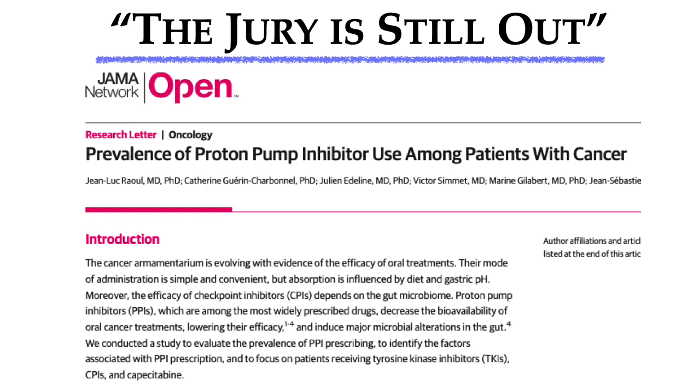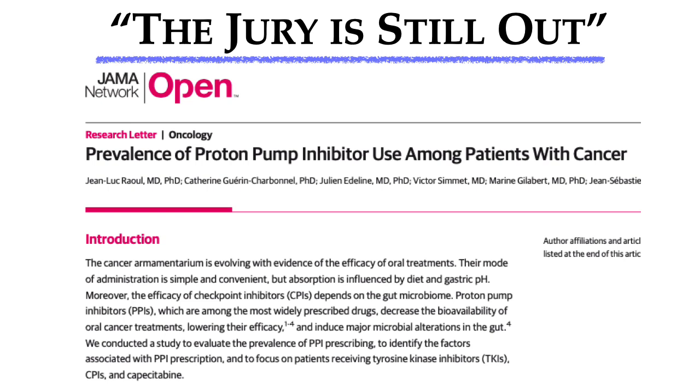There's a cancer researcher in France, Jean-Luc Raoul, who's an MD, PhD, works at a cancer institute in France, a very eminent cancer researcher, and he's been fighting this problem for several years. This paper he wrote a few years ago is Prevalence of Proton Pump Inhibitor Use Among Patients with Cancer. And it was still very high. Lots of people on anti-cancer drugs that interact with proton pump inhibitors were still getting PPIs.